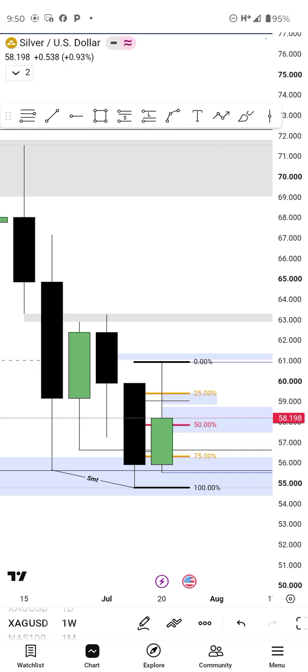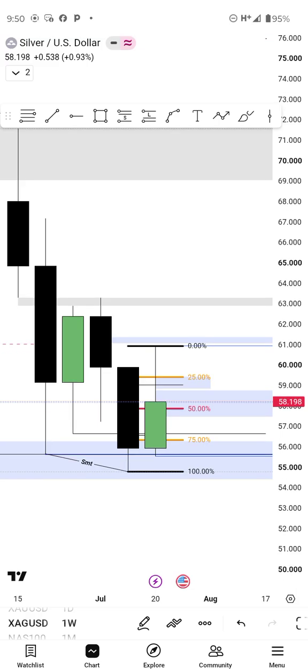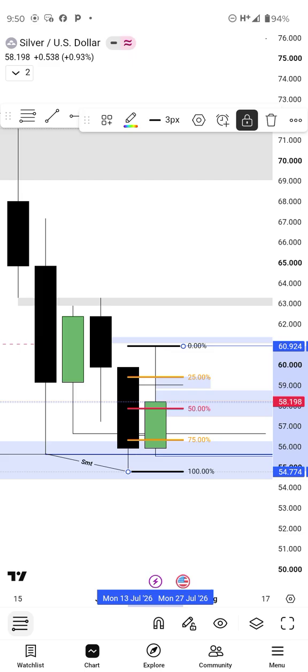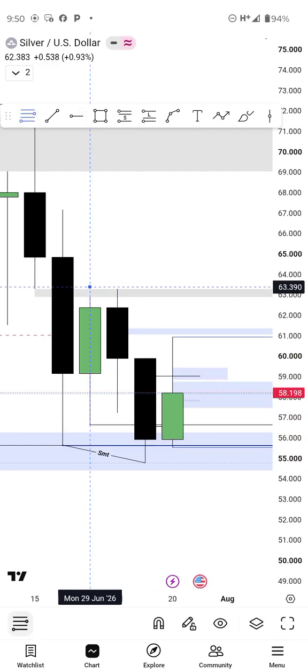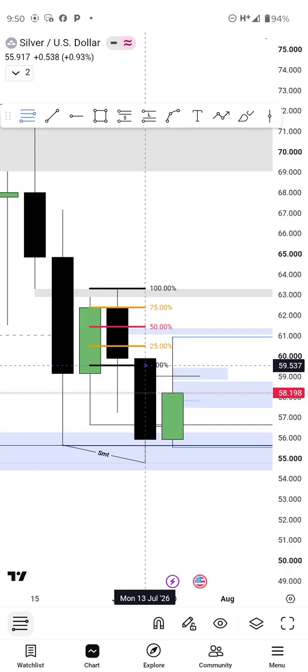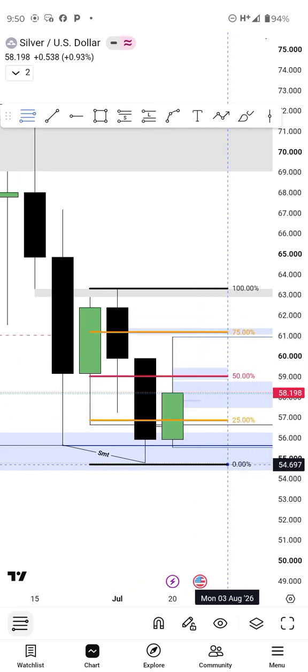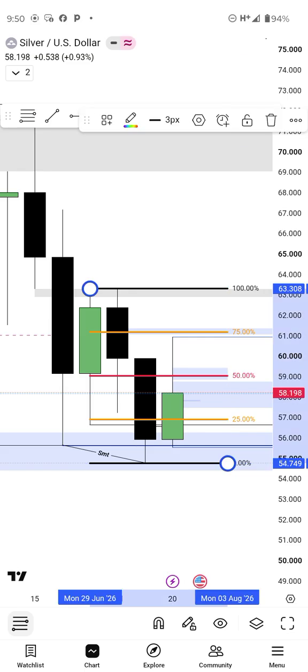So right now we are going to take this analysis and compare it to gold. So from the weekly, as the market structure break right now on gold, let's put a fib on it.